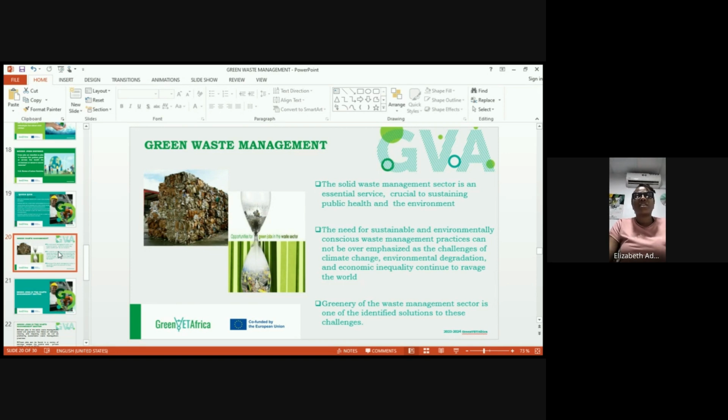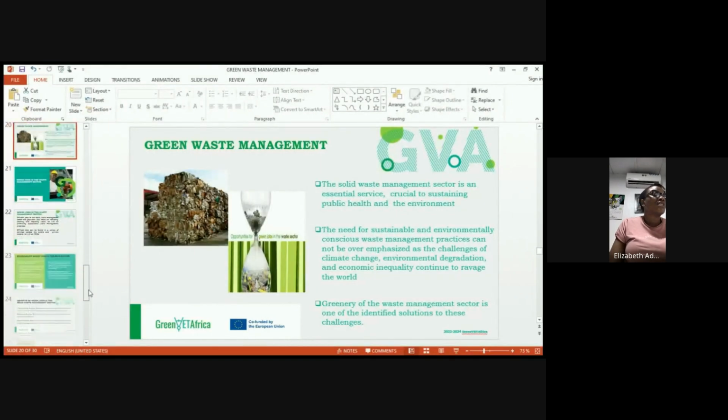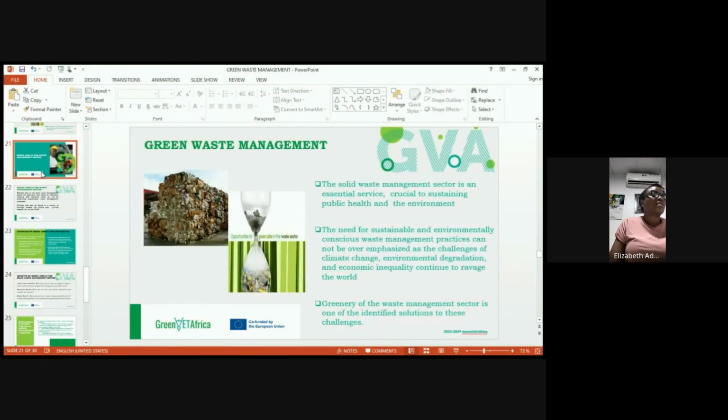When we say we're making waste management green, that means we are transitioning to a greener approach that will promote reduce, reuse, recycling, circular economy, sustainable development, and other things that we can do from this sector to ensure that we also contribute to saving our dear environment.